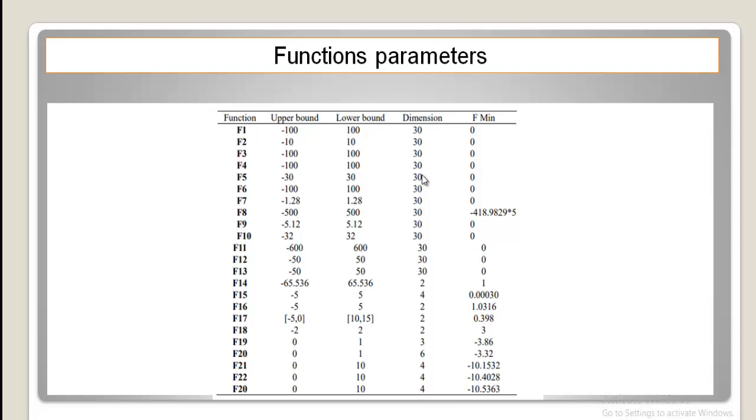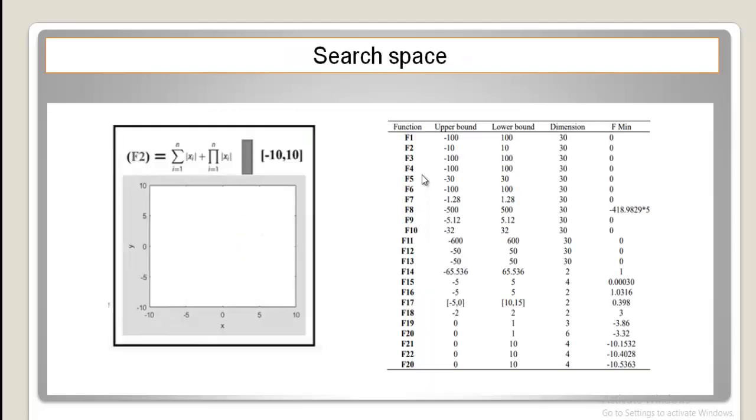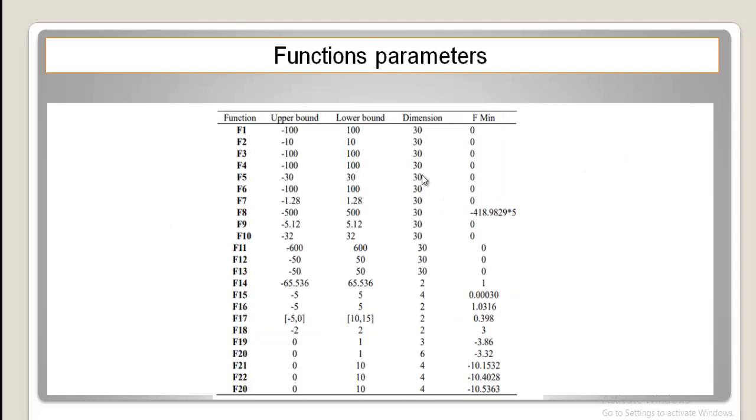For instance, function 1 has a search space defined between -100 and 100 in each of the 30 dimensions, with a global minimal value of 0. This means that an effective optimization algorithm should arrive at a solution where the function value is 0 or very close to it within the given bounds.